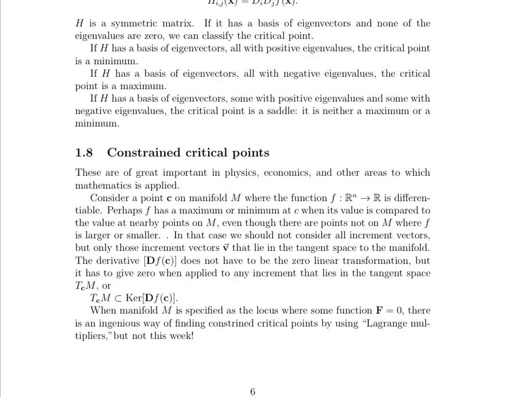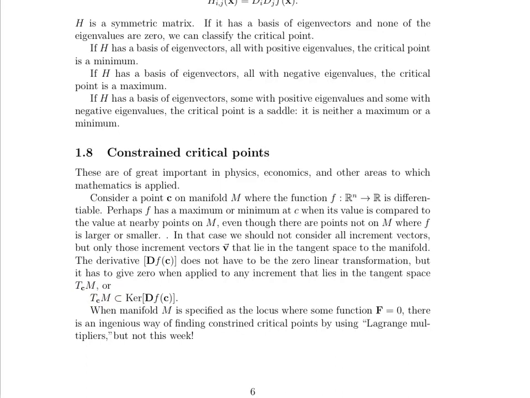So that's very interesting. What we're looking at is that the increment vectors in the tangent space to this manifold at the point C, remember that's what this notation means here, tangent space to the manifold M at the point C, they are part of the kernel of df of C.